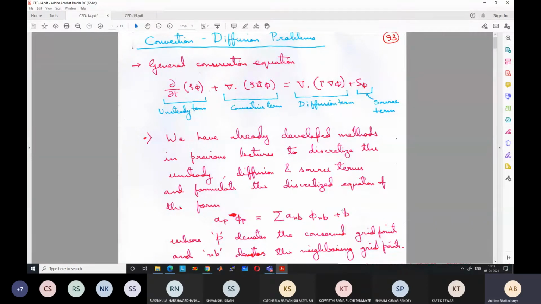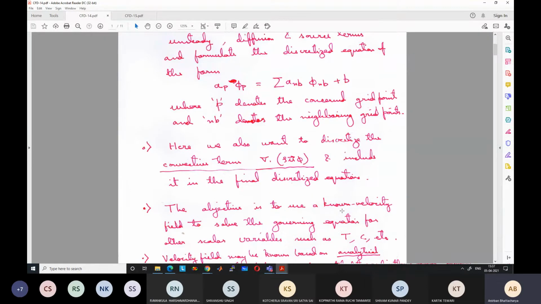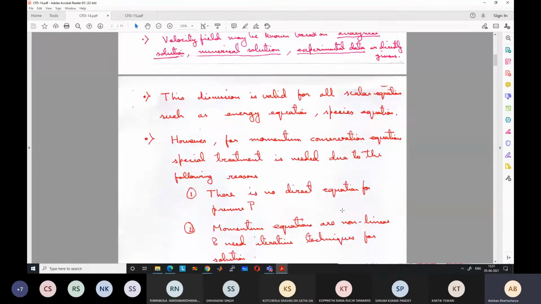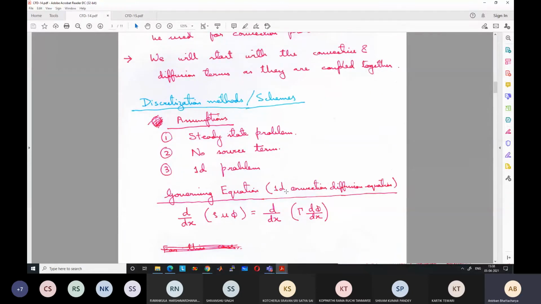So this was our aim, and to do this we started with a very basic problem, a 1D convection diffusion equation: d dx of rho u phi is equal to d dx of gamma d phi dx. For this moment we have ignored the source term and the unsteady term because the treatment of those two terms is similar to what we have already discussed previously.